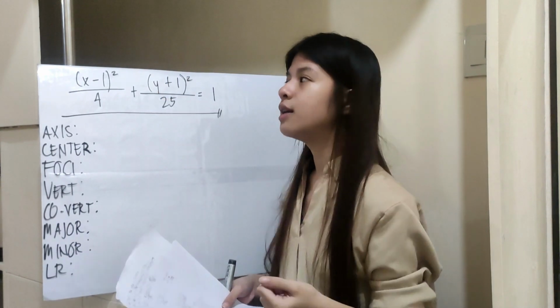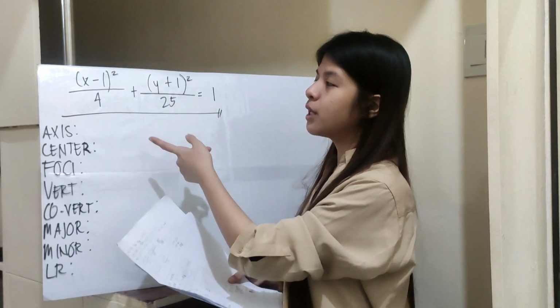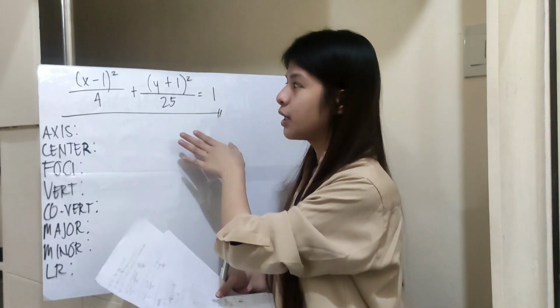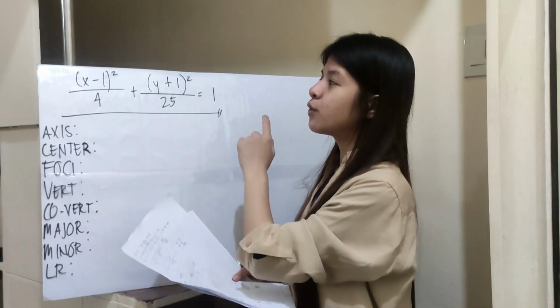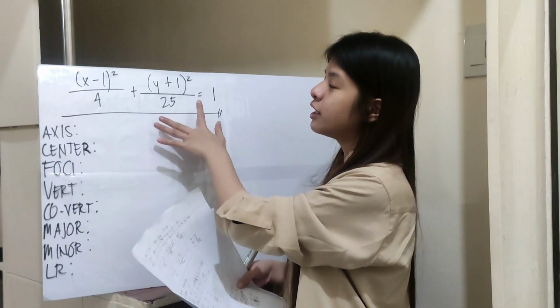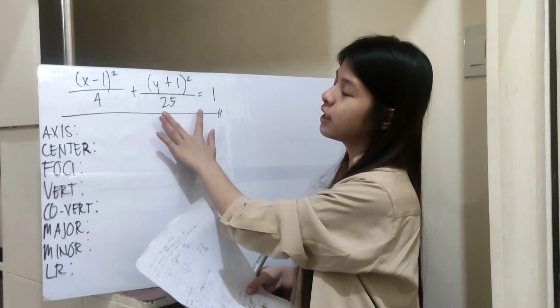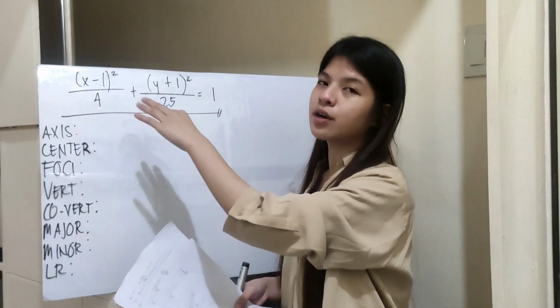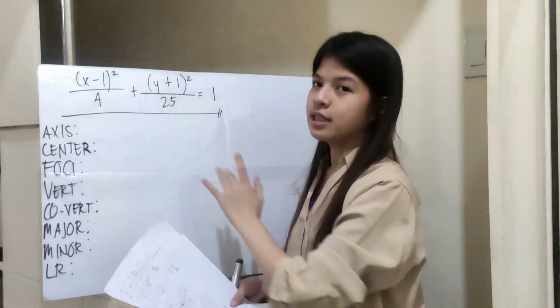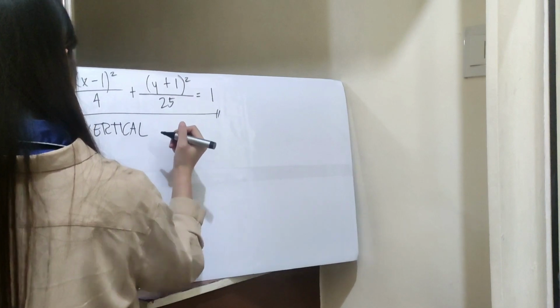It is horizontal if the denominator of the x-coordinate is greater than that of the y-coordinate. So from this equation, you can see that the denominator of our y-coordinate is greater than the denominator of our x-coordinate. So we can tell that its axis is vertical.